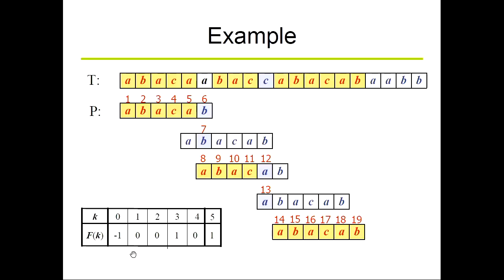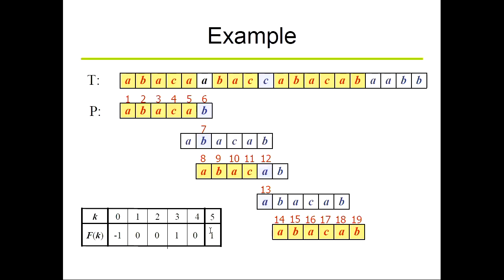What it means is, if the mismatch happens at position 5, which is here, how much can you shift? It says you can shift to position 1. It's 0-based, so you shift to the offset 1 relative to the current mismatch position.